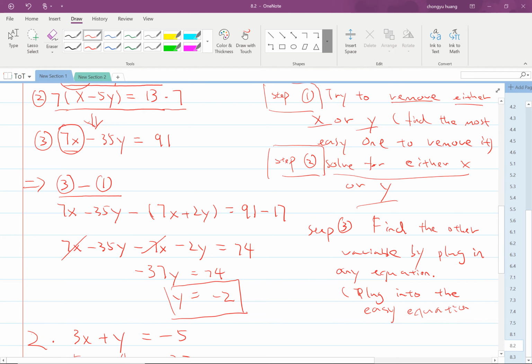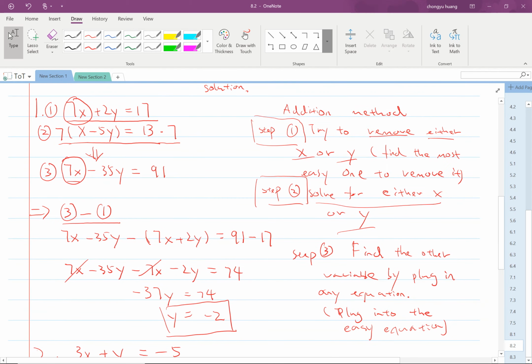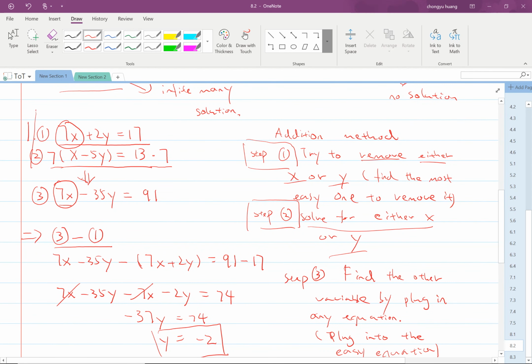You are actually getting the same value, the same x, from both equations. So you basically want to plug into the easy one.